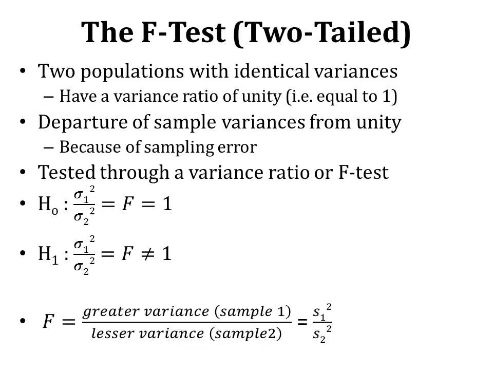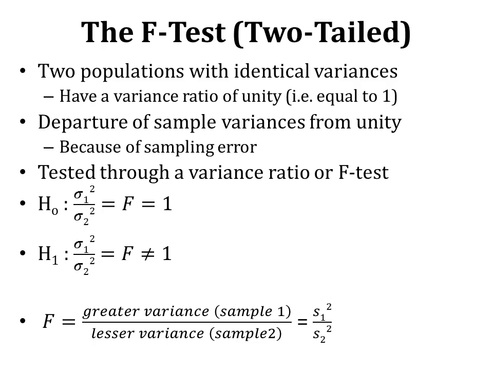And this is the formula for the calculation of the f-test. The numerator is the greater variance, which we label as sample number 1, and the denominator is the lesser variance, from the sample which has the lesser variance, that is sample number 2. We take this ratio and check whether it is significantly different from 1 or not.